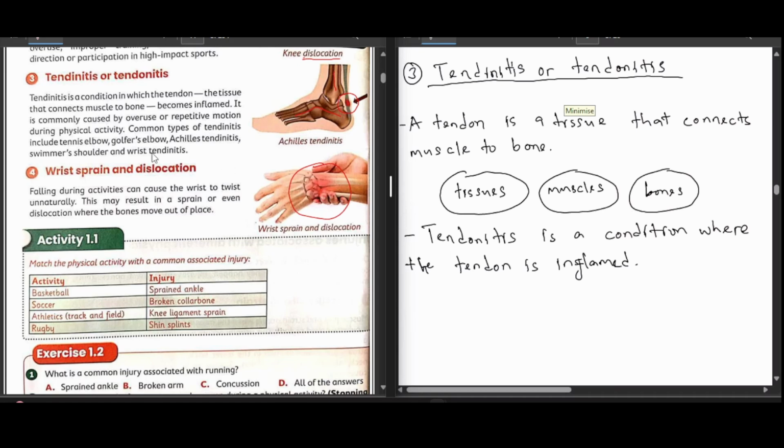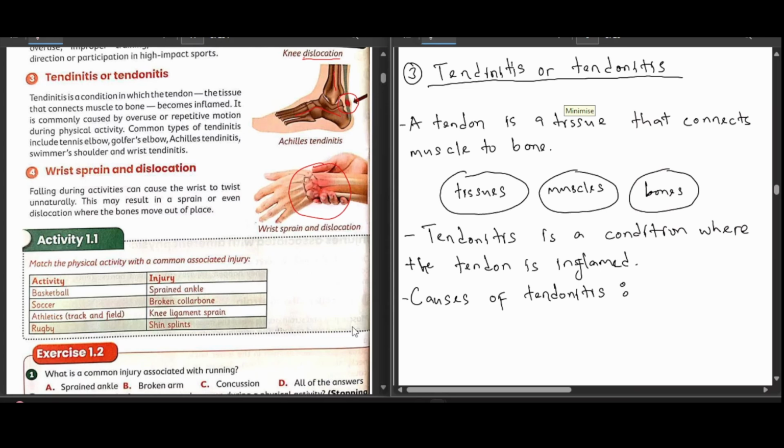We are interested in knowing the causes. What are the causes of tendinitis? The first cause, overuse. So continually using a part, abuse or overuse.